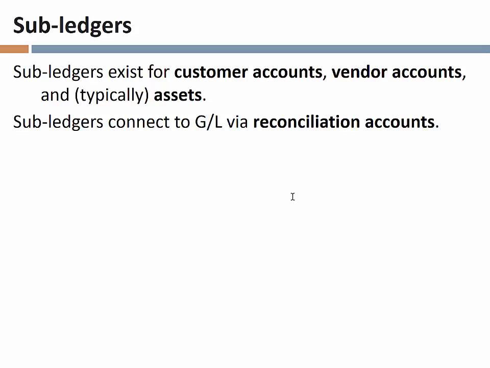So the details are found in the subledger. The subledger connects up to an account in the general ledger. And this account in the general ledger that has this property associated with it is called a reconciliation account. So any account in my general ledger that has a corresponding subledger is called a reconciliation account.